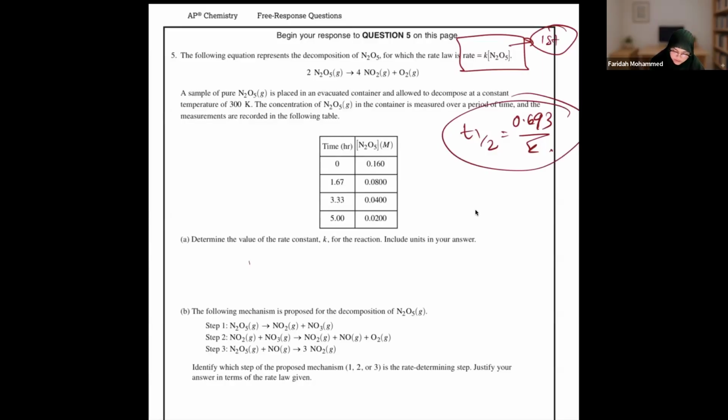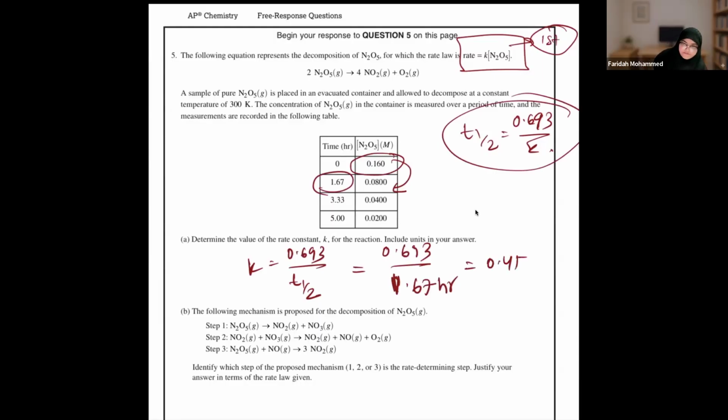Easier too, right? So k equals 0.693 over t half, which is 1.67 hours. It's going to be 0.415 per hour. 1 point.